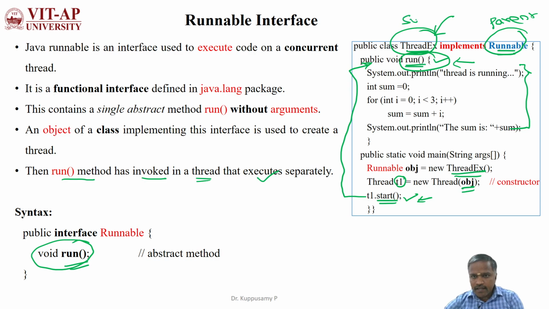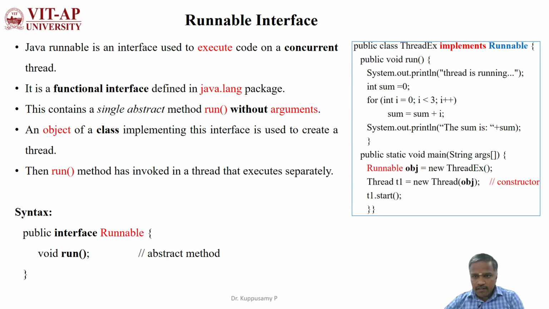This one is acting as a child or subclass, which is implementing the Runnable interface, so it is accessing the features of the Runnable interface. Based upon this inheritance concept, this method run is overriding the method which is defined in the Runnable interface.